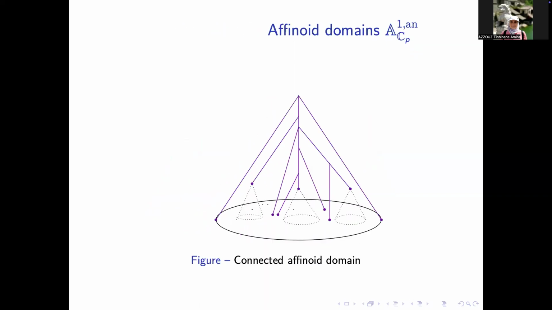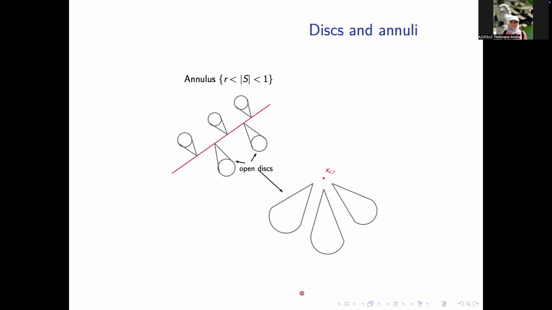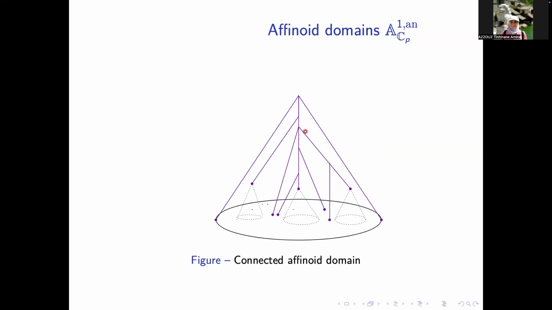A connected affine domain is just a closed disk from which I remove a finite number of open disks. In the case where I remove only one, this one is the open one.